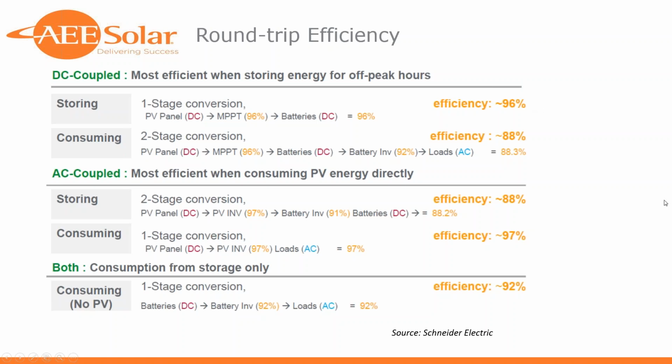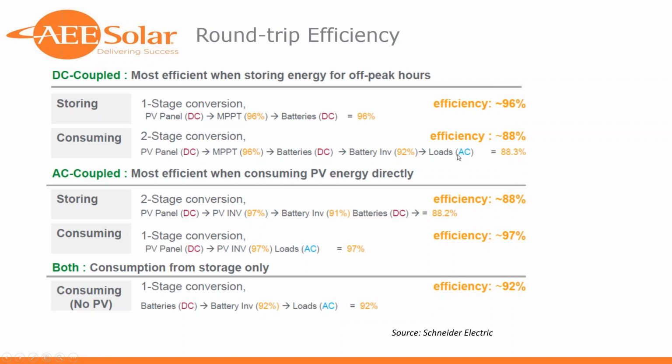In a two-stage conversion though, when we're consuming that power during production times, we've got two stages. So we're bringing it from the array to the MPPT charge controller, into the batteries, then back out of the batteries to the battery inverter, and then to the loads.